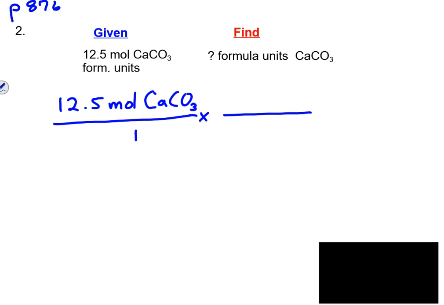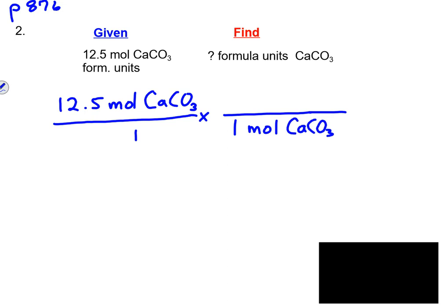So what do we have to have on the bottom of that next fraction? Moles of the particles. Why do we need moles on the bottom? So they will cancel. They will indeed. This is calcium carbonate, and those are calcium carbonate particles, or we could call them formula units.